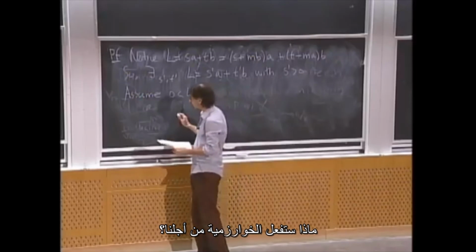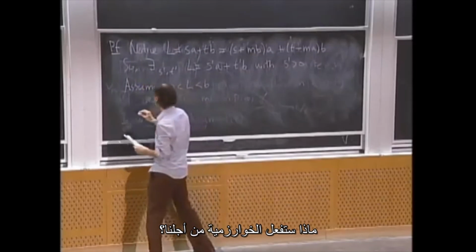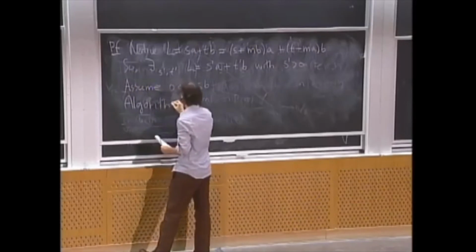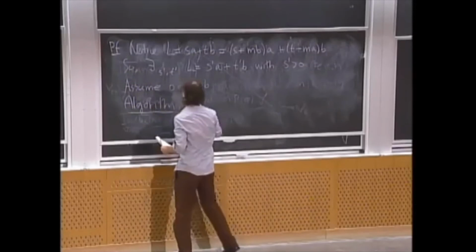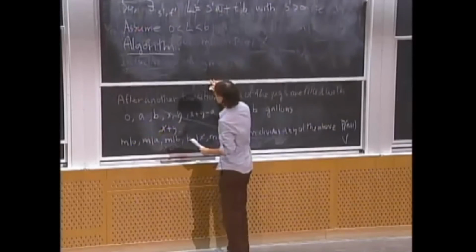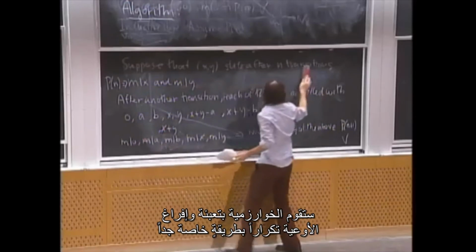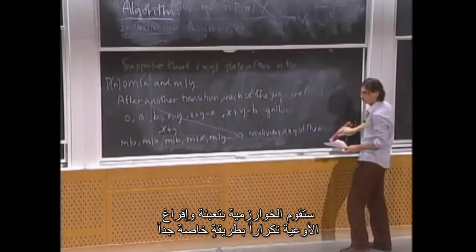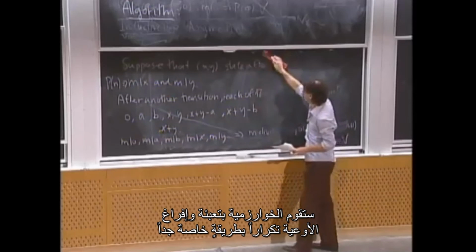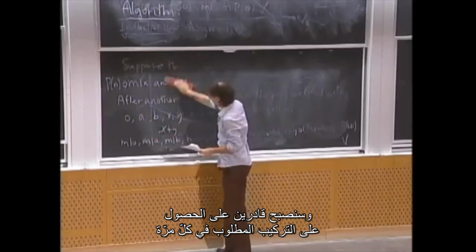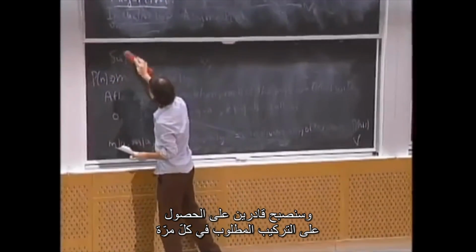All right, so what's the algorithm going to do for us? The algorithm is going to repeatedly fill and pour out jugs in a very special way. And miraculously, we will be able to get the desired linear combination every single time.